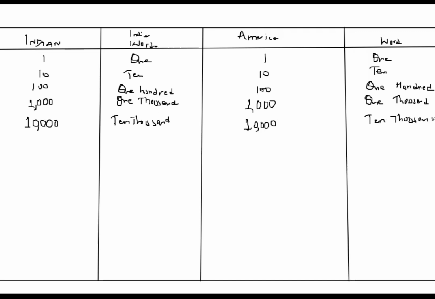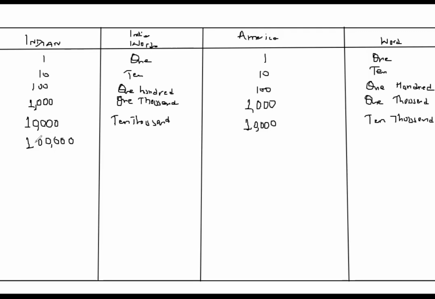Now the difference will start between how we name it in India and in the American system, right? So now the next thing will be, right? Now in India, we put the first period going from right towards the left after the third digit, so here.